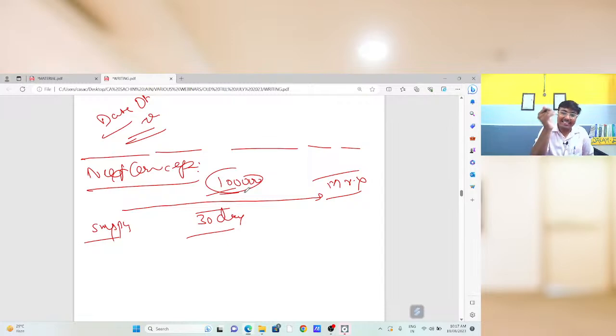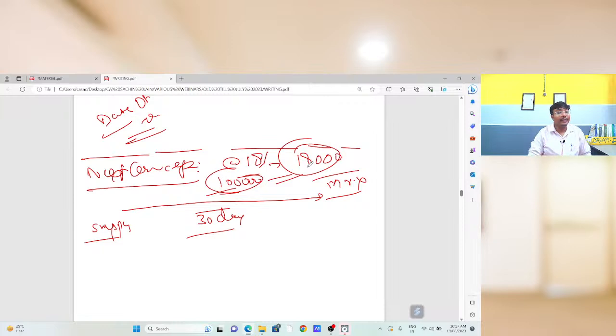Okay, Mr. X did not make that payment to me within 30 days, and I had already made the payment of taxes as per the invoice date. When I raised the invoice, I had made the payment to the government on that 1 lakh rupees at the rate of 18%. I had already paid 18,000 tax to the government.